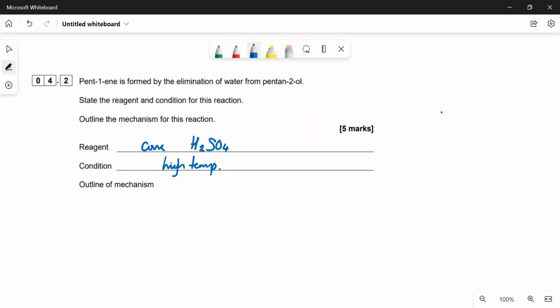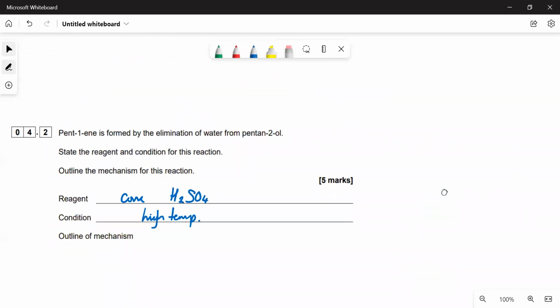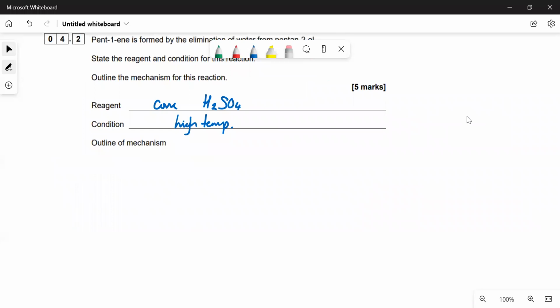Now the outline of the reaction mechanism. We're going to have pentane 2-ol. I'll draw this end of the molecule displayed.